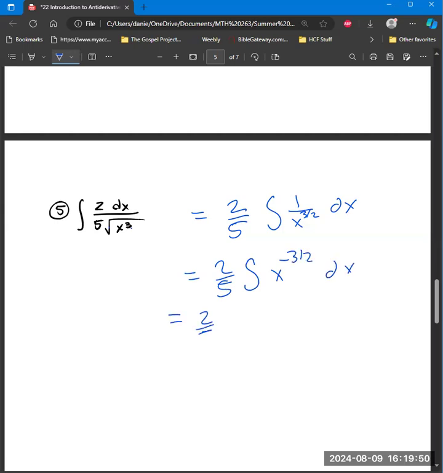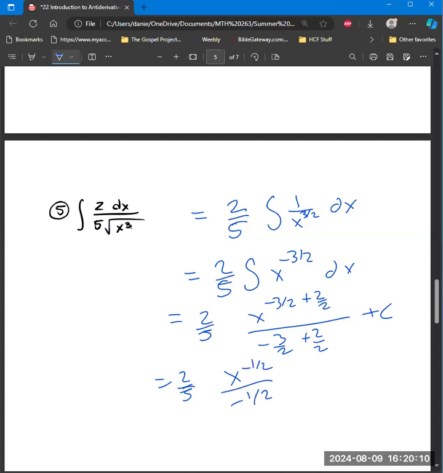Give me 2/5 x to the -3/2 plus 1. I'm going to write that as -3/2 plus 2/2 plus c, which is 2/5 x to the -1/2 over -1/2 plus c.